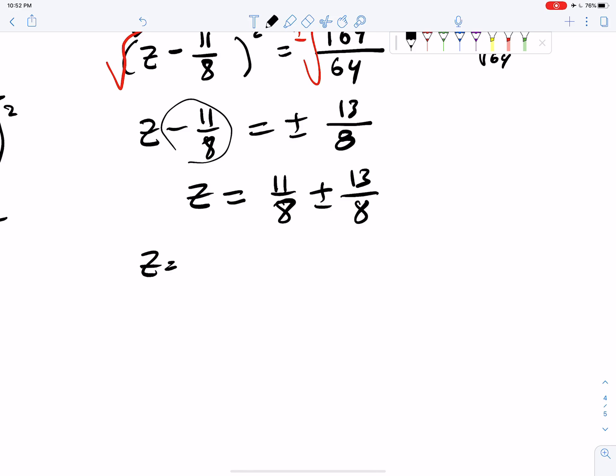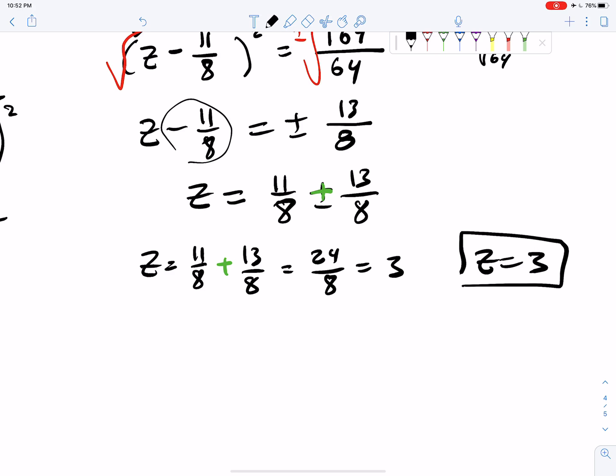For the first answer I'm going to use a plus sign. Z equals 11/8 plus 13/8, which gives us 24/8. 24 divided by 8 is 3. So we get z equals 3. There's one answer.